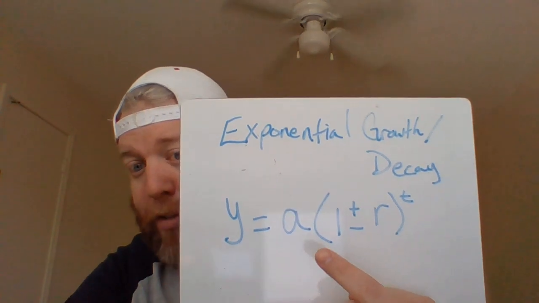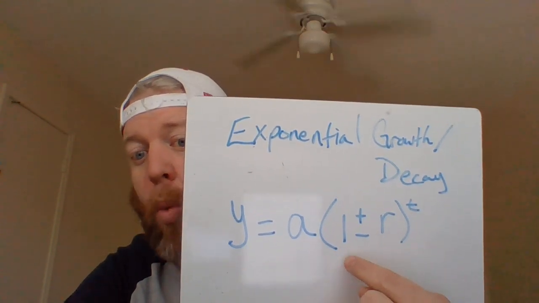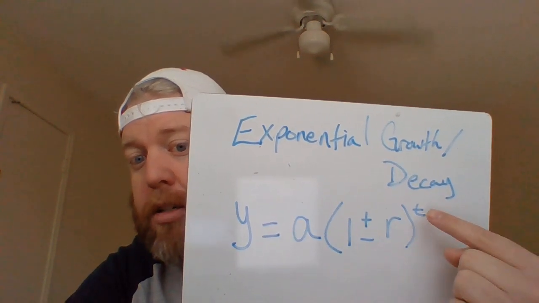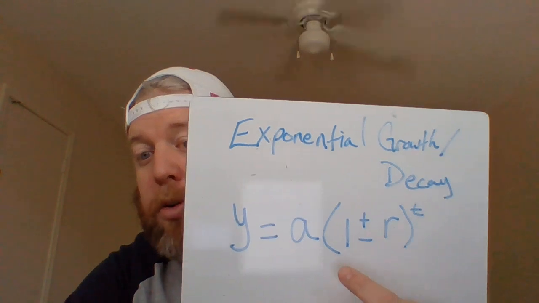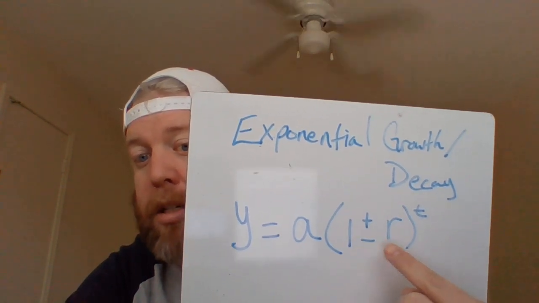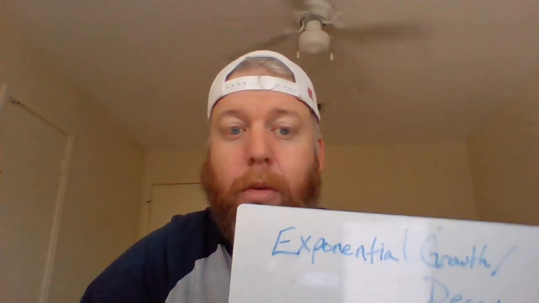So the exponential growth function is y equals a times (1 plus r) to the power of t. And exponential decay will be y equals a times (1 minus r) to the power of t. Do you see how that works?